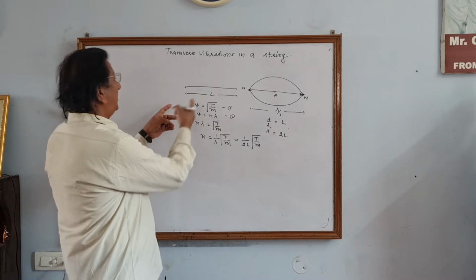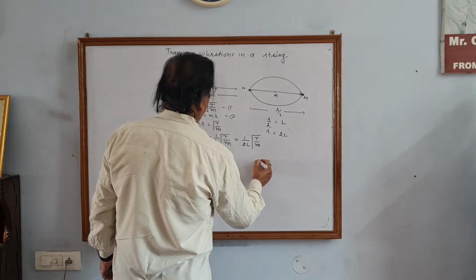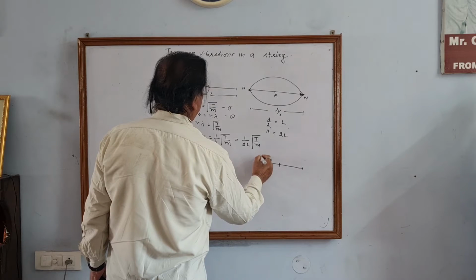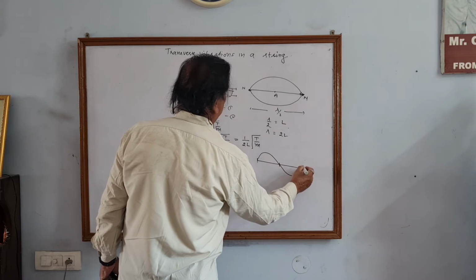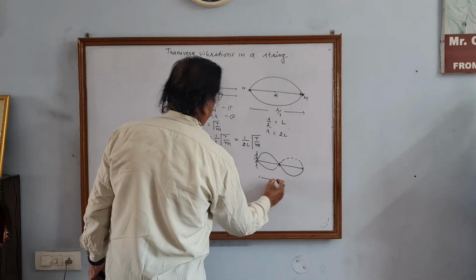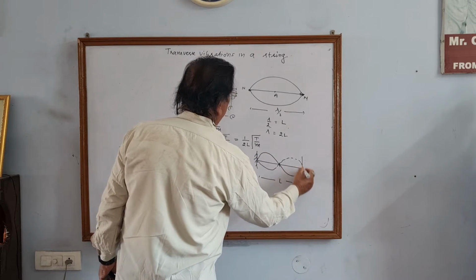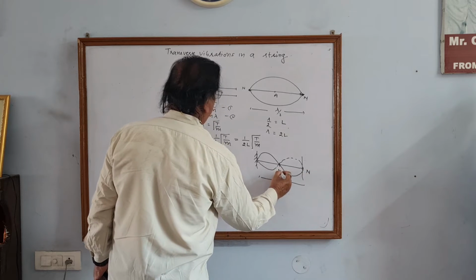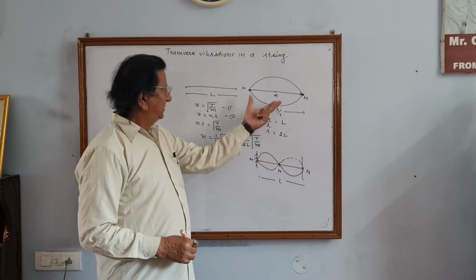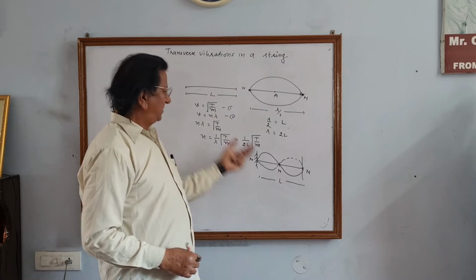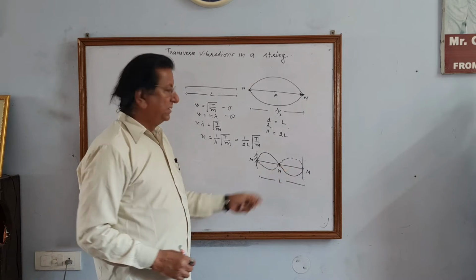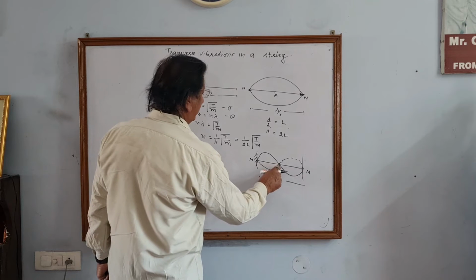Okay, the same length can be made to oscillate in two segments also. For example, though the length is same, ends are fixed, they are nodes, then same length is made to oscillate in two segments, which means here you have created an extra node.